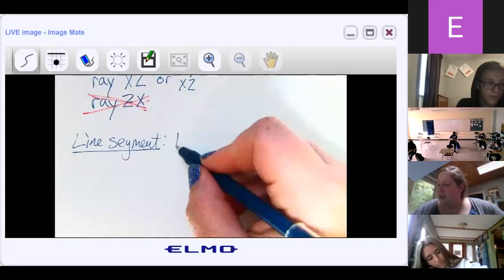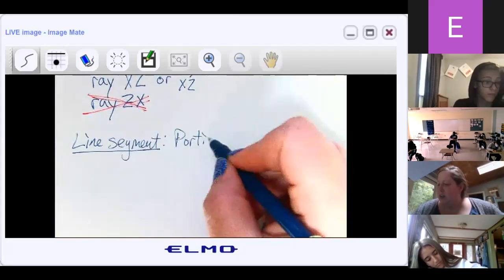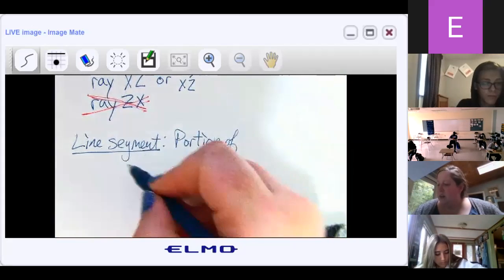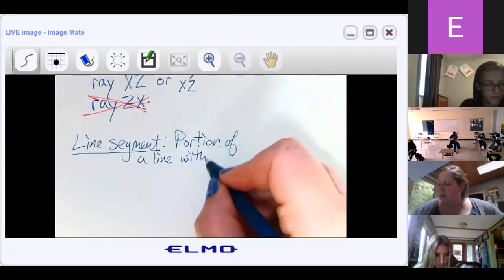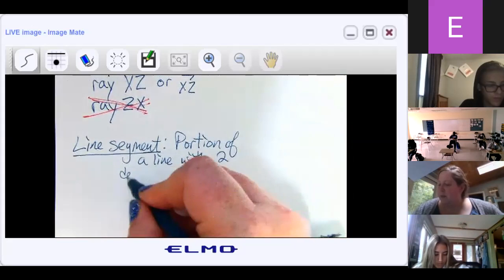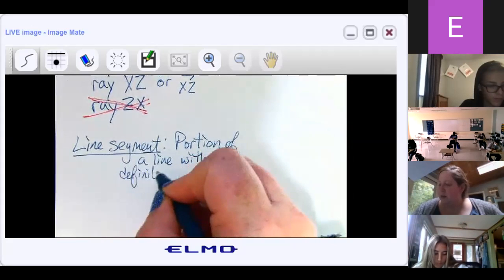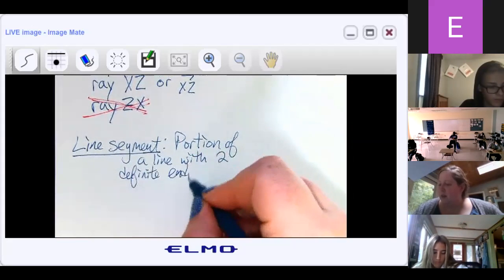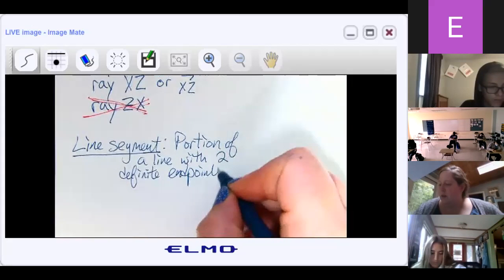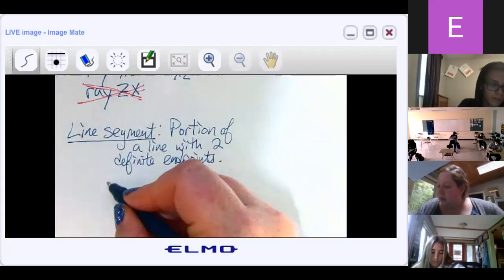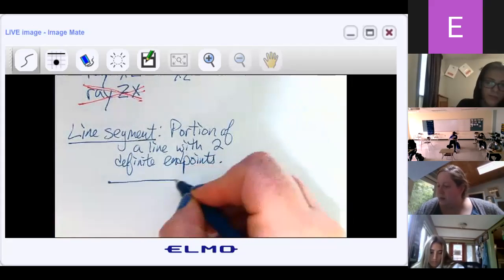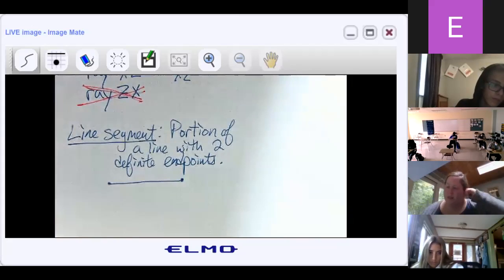And its definition is simply a portion of a line with 2 definite endpoints. So these do not go on forever and ever and ever.